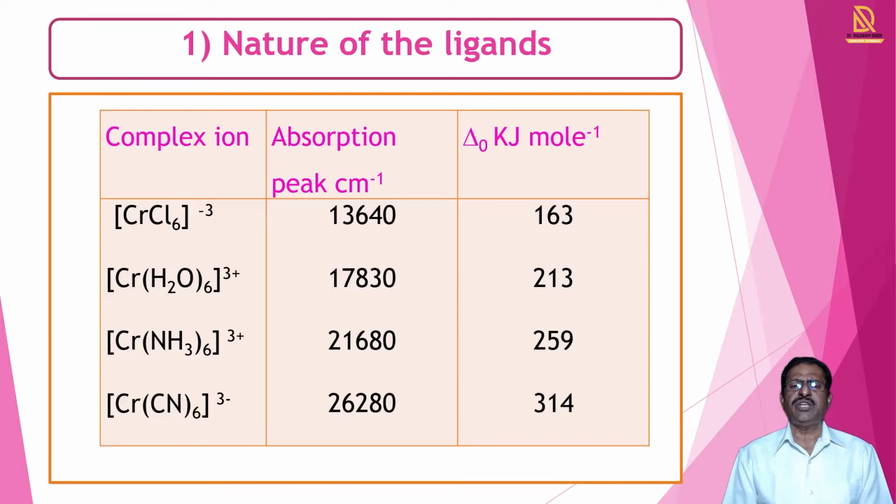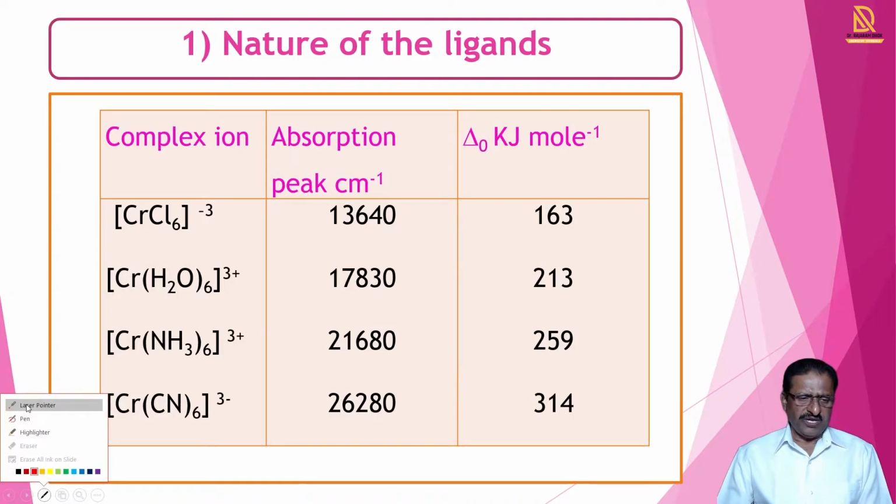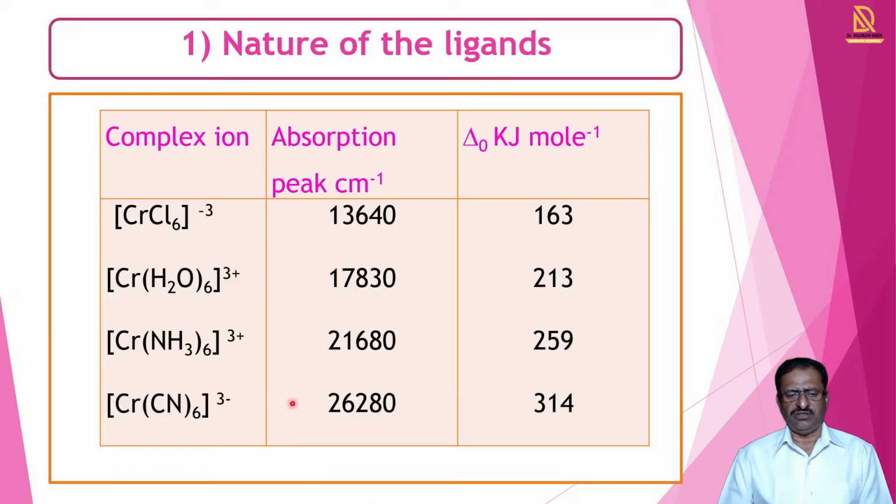Firstly, we see the nature of the ligand. There are various types of ligands, and they are arranged in the spectrochemical series on the basis of their splitting ability. Here we take one example, from which we get an idea about the ligand and how absorption bands or delta energy changes.